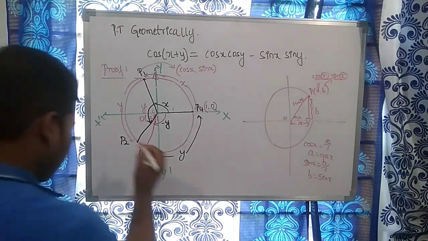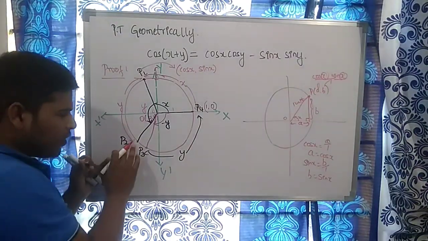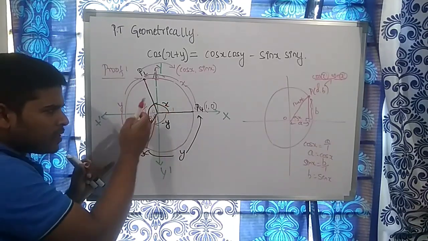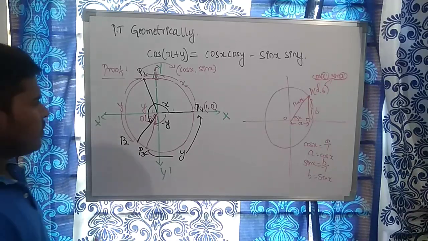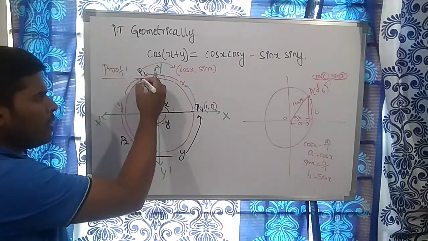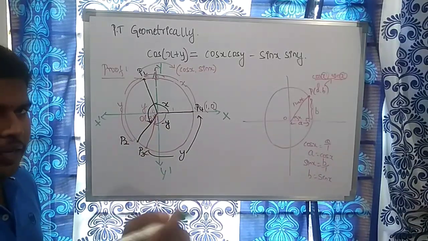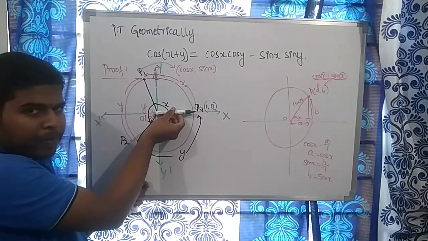Then come to point P2. Here is one thing we must remember. For point P2, if I rotate from OP1 to OP2, it creates a y radian. Assume I take this one as the initial line, that is OP4.